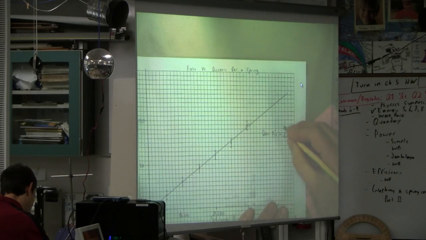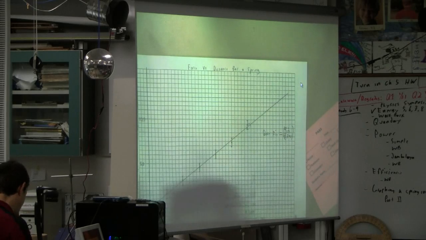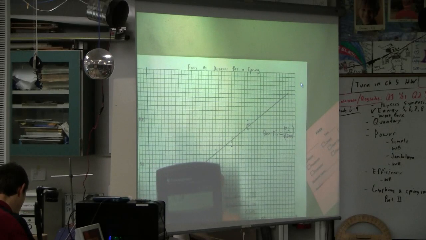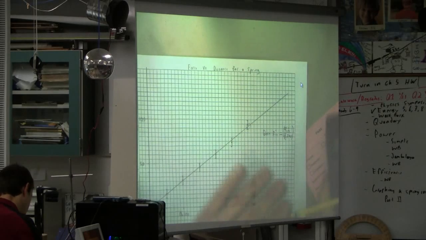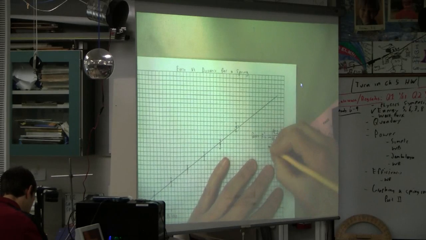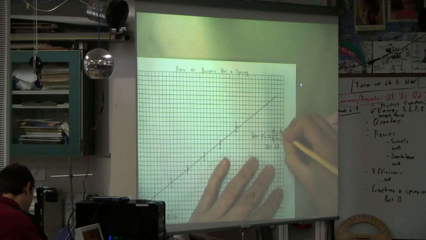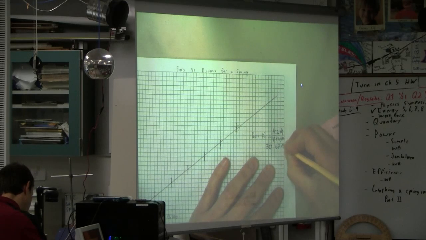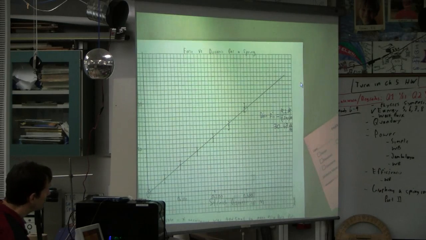I don't think we really have all that many sig figs because we're reading off the graph. And then I can calculate that. 9.2 divided by 0.3, 30.667. So I'll say 30.67. And this is newtons of force, meters of length, so that's newtons per meter. Clearly that's a spring constant.